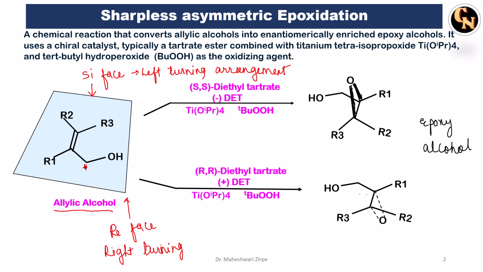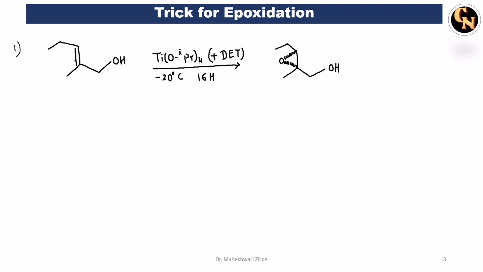Okay, so let us go to the trick for understanding which will give you a wedge and which will give you a dash epoxide, that is, below the plane and above the plane. Now here you can find that I have taken an allylic alcohol. Let me show this.